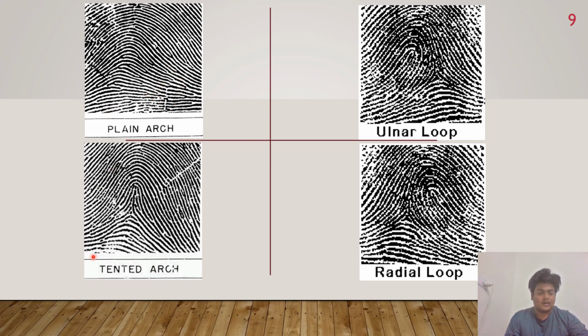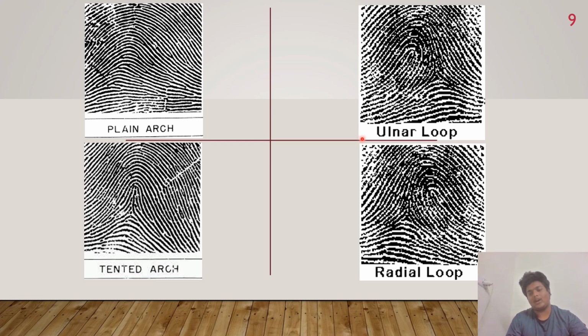And in a tented arch, it looks like a formation of delta, yet it doesn't have the delta, which is a steep formation of arch. It looks like a delta, but it doesn't possess a delta. So these types of patterns are known as tented arch patterns.